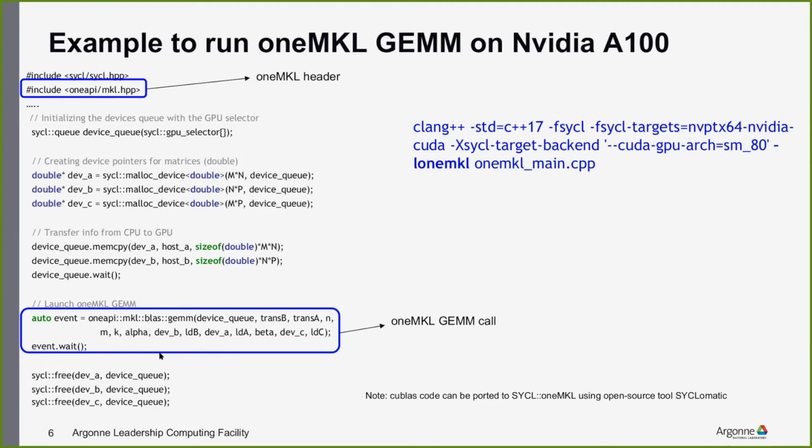When you run this using the instructions, I'll point out that in addition to the standard C++ flags from Clang, you just need to add one more flag, 1MKL, to integrate 1MKL. Behind the scenes, it offloads the code to cuBLAS. That's pretty much it.